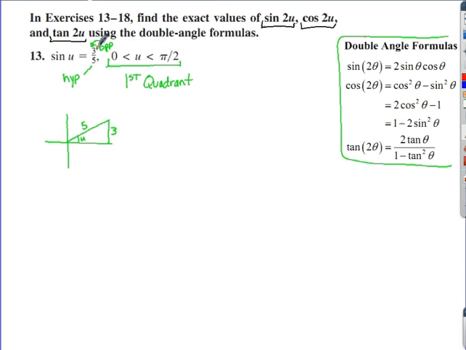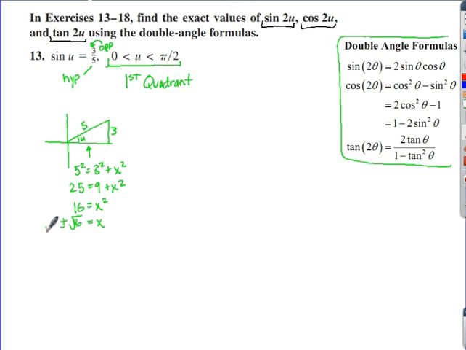The one thing we probably are going to need is this other side. So let's quickly calculate what that is. We can use the Pythagorean theorem. We have 5 squared equals 3 squared plus, I'll just call it x squared. So 25 equals 9 plus x squared, and we have 16 equals x squared, and x equals plus or minus the square root of 16.